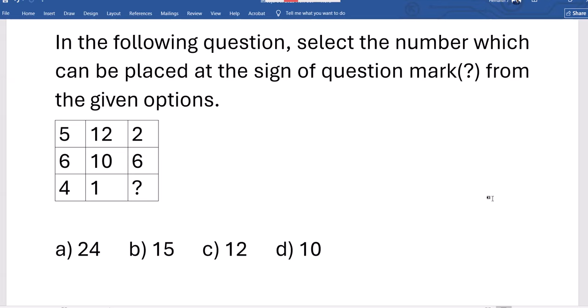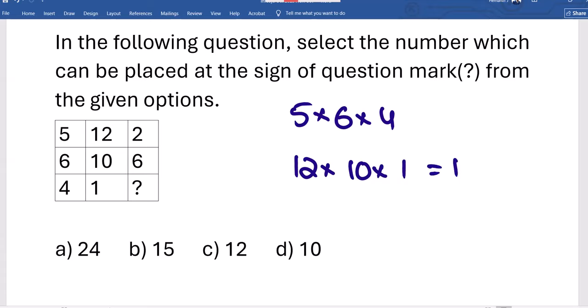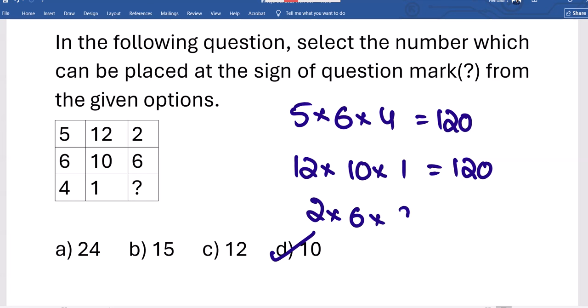Anyone done? No. What is 5 into 6 into 4? What is 12 into 10 into 1? Now the answer you get is 10. The product is constant. Typical logic, I too agree, but fine.